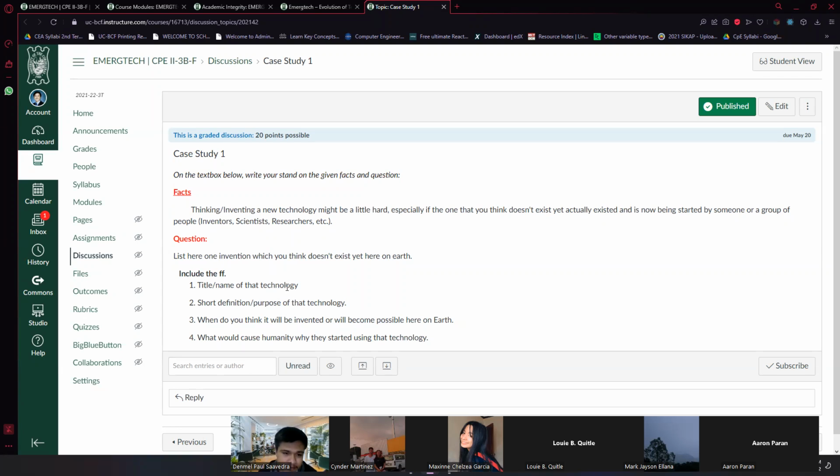Okay. Now, here's a tip for you to check if it exists or doesn't exist. If you cannot find a related or similar article with what you are looking for, say with that technology that you are searching, then that only means that the technology doesn't exist. Okay. So if it's just an idea, it's okay as long as there is no proof that it was already made by someone, where it's already being used nowadays.